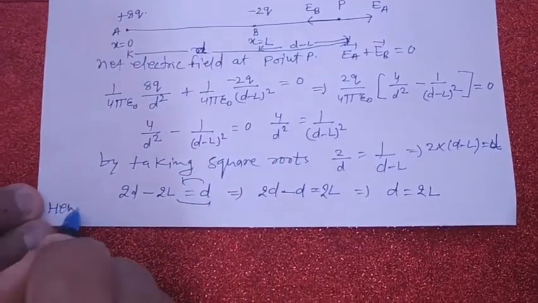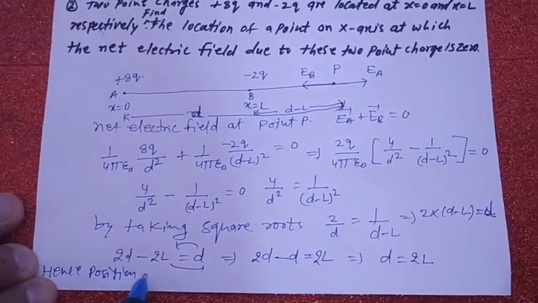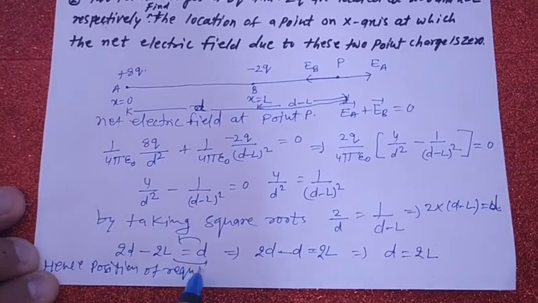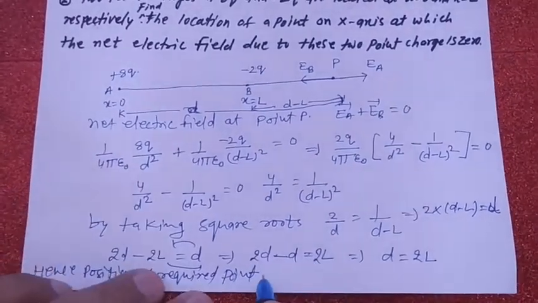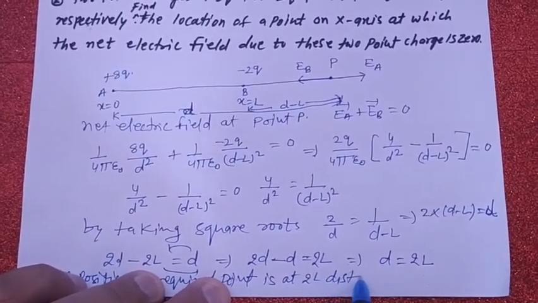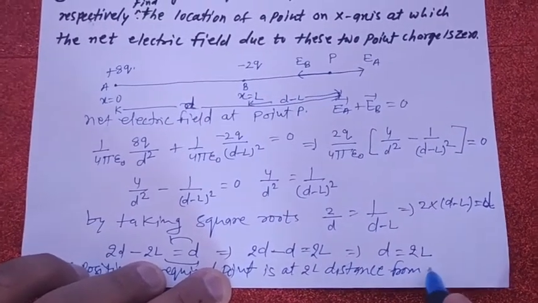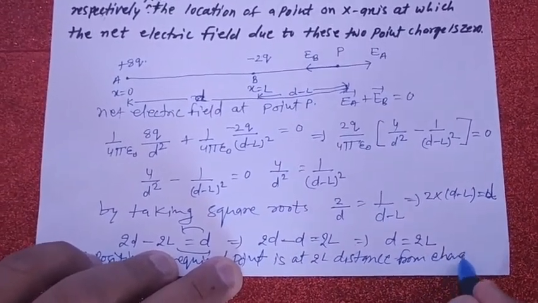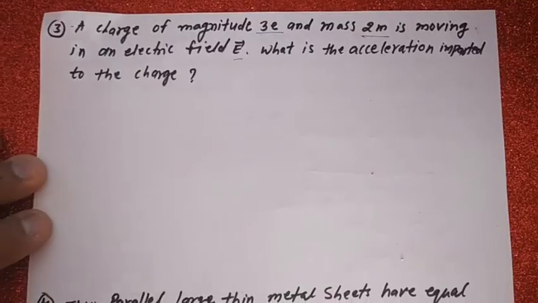Hence the position of the required point is at 2L distance from charge plus 8q. Next, numerical number 3.